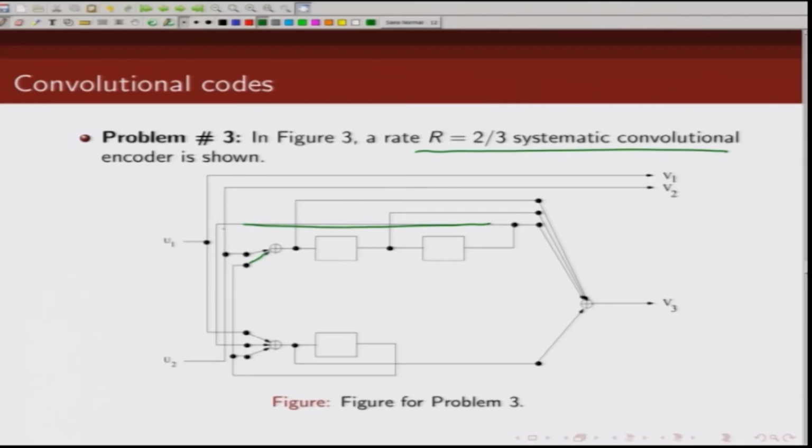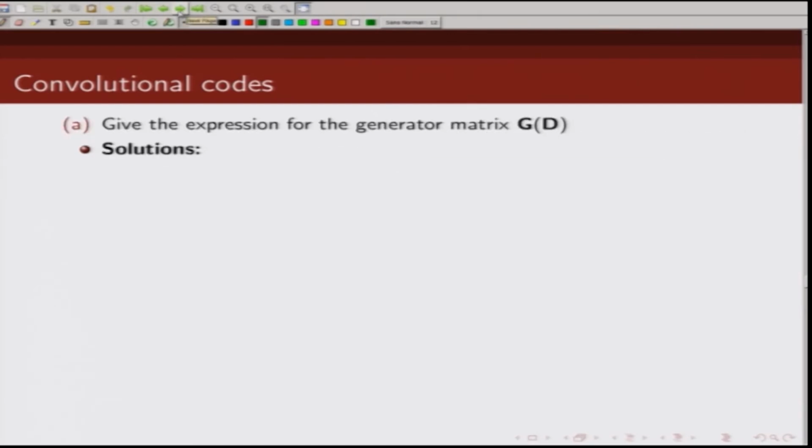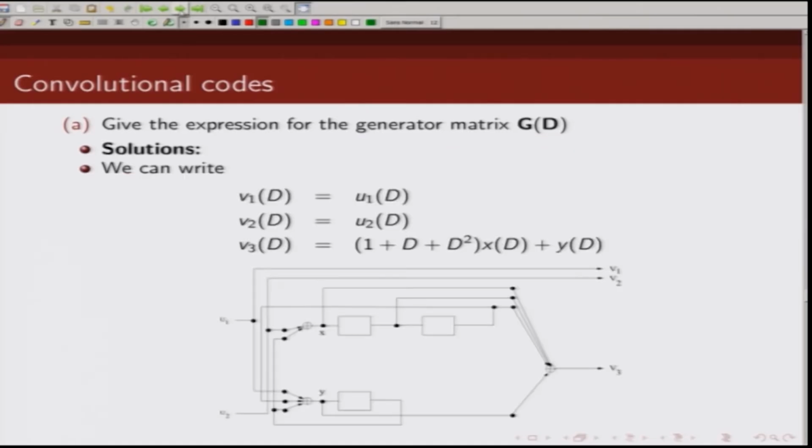Feedback from this is going to this encoder, and feedback from here is going to this encoder. So, not only is feedback coming to the same encoder, it is also going to the other encoder. So, this realization is a very compact realization. The question being asked is, can you find the generator matrix corresponding to this encoder?